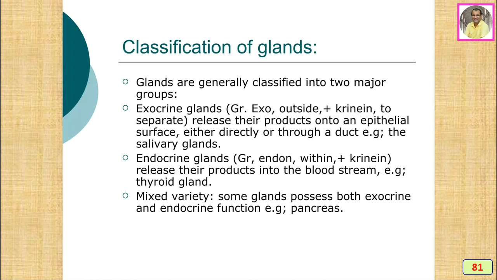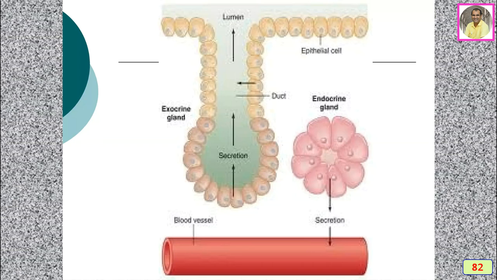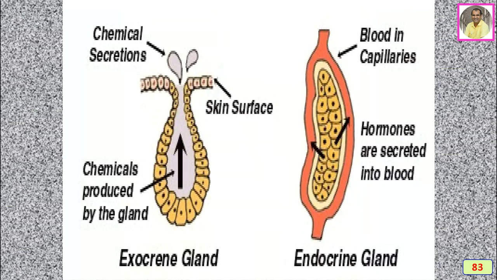So as usual, this is the same type of expression. A mixed variety is present. For exocrine and endocrine glands, exo means outside and endo means inside. In endocrine glands the secretion goes directly into the blood vessels, but the exocrine glands do not have any contact with the blood vessels.